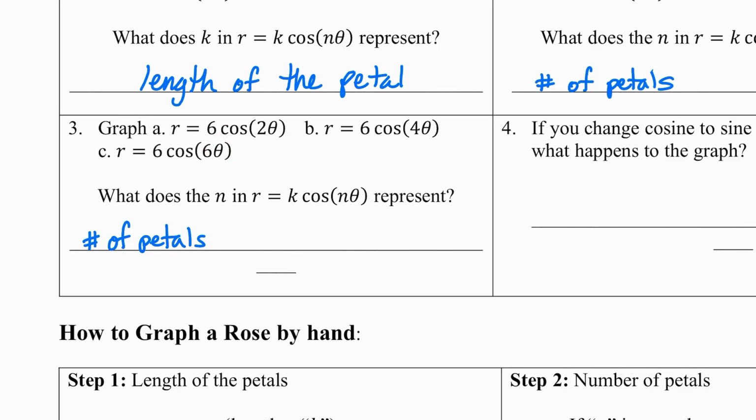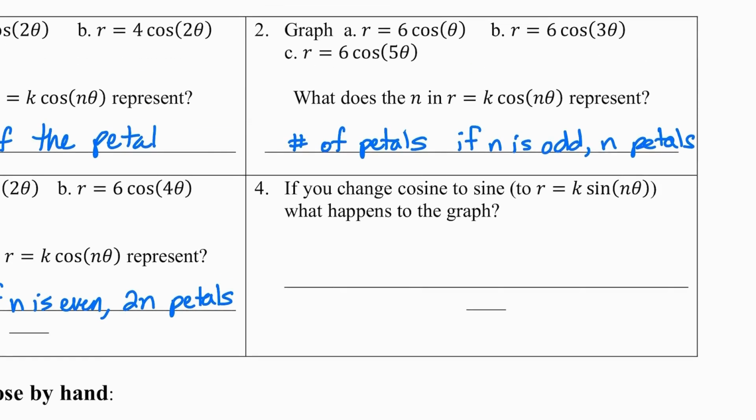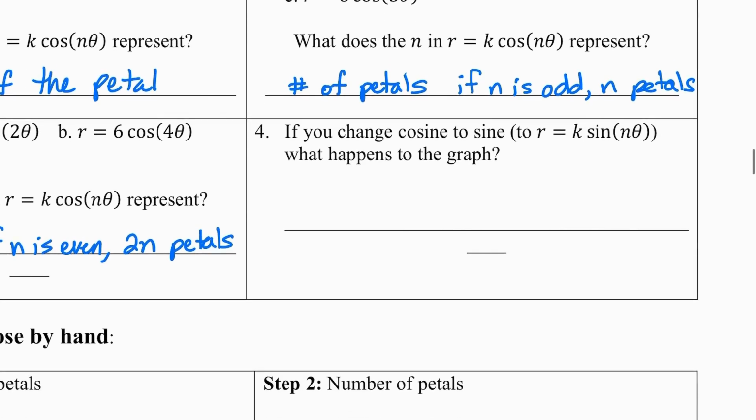So if n is even, then you have 2 times the number of petals. So that means if n is odd, then you only have n petals, because if you notice with this rose is you only had 1 petal, 3 petals, and 5 petals.